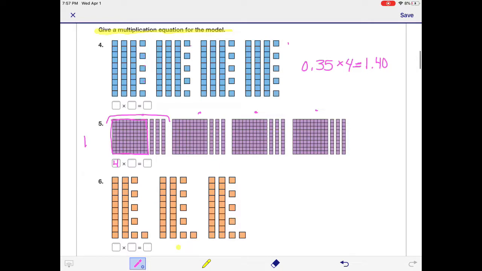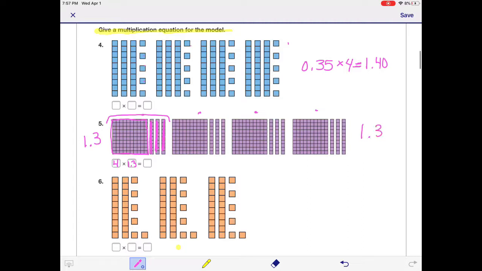Then we've got 3 strips, each representing a tenth. So we've got 1 tenth, 2 tenths, 3 tenths. So we've got 1 and 3 tenths. So we have 4 times 1 and 3 tenths. What is that going to equal?